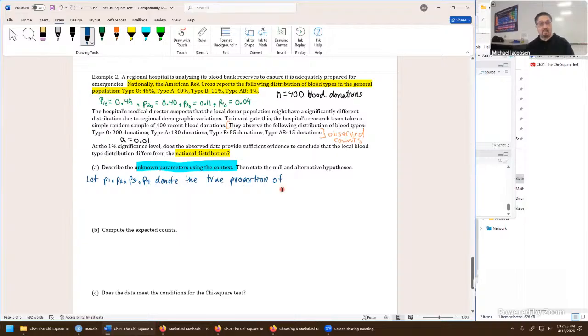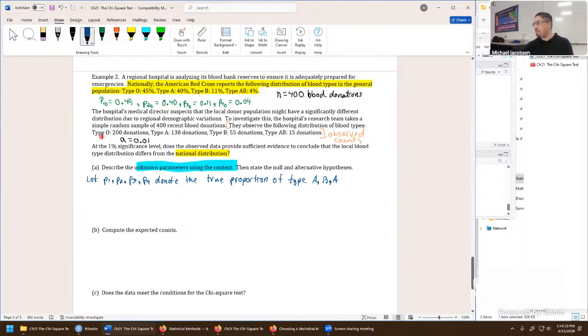So we have to say that here, true proportion of type A, B, AB, or hang on, I think I skipped one.